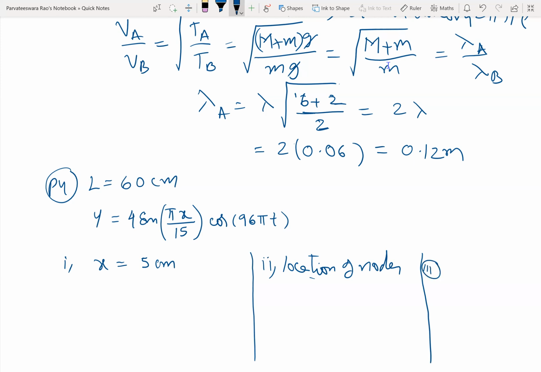Find the velocity of the particle at x is equal to 7.5 centimeters and t is equal to 0.25 seconds.